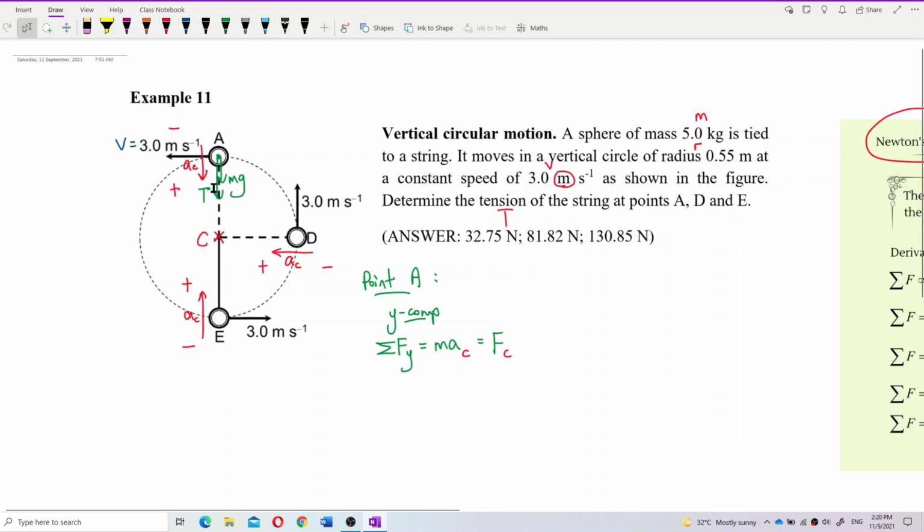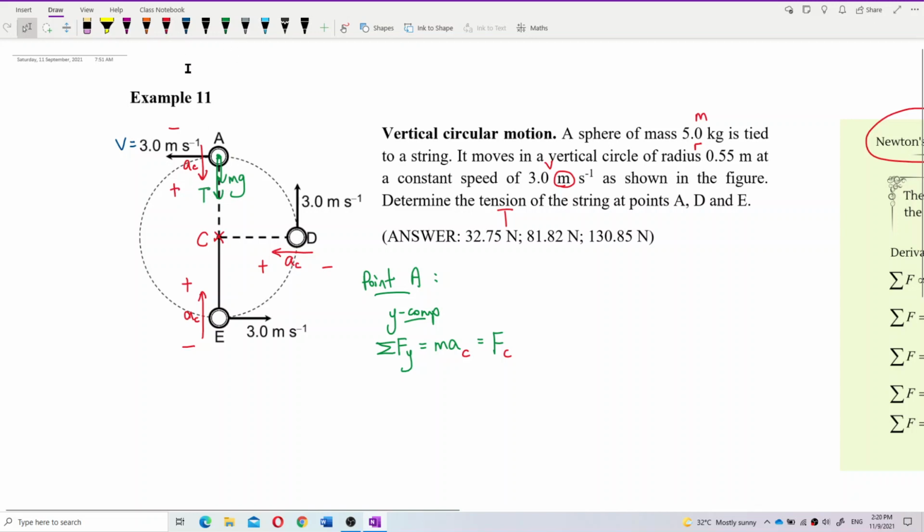So now, what are the forces in the y component where we can find the centripetal acceleration? There is the tension and the mg, the weight of the ball. These two forces are in the same direction as the acceleration. So these two forces are positive.